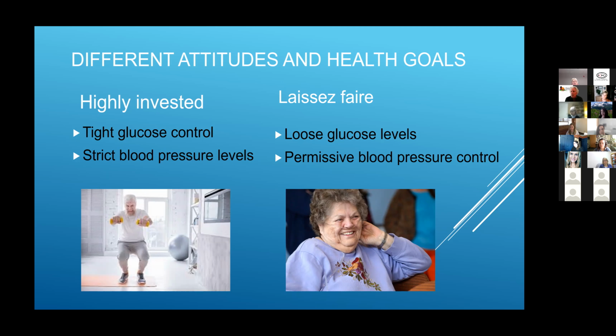The targeted blood pressure of 120 systolic rather than 140. And then there's the laissez-faire, kind of more what we call loose glucose levels and less strict blood pressure. And a lot of that depends upon the patient preference, in addition to advice from the primary care provider. Next slide, please.